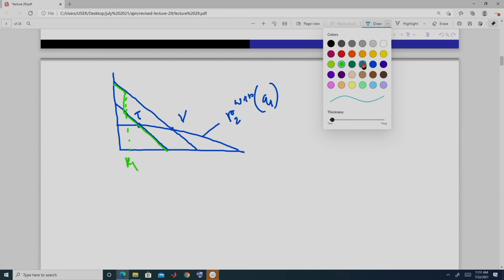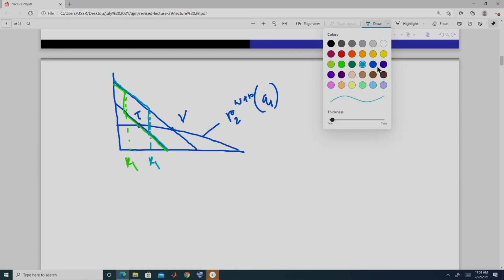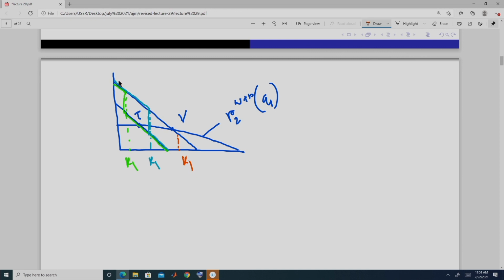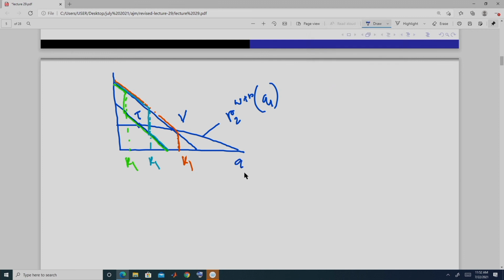We may have a situation like this: if this is K1, then this light blue line is the reaction function of firm 1, and if this is K1, then the red line is the reaction function of firm 1. The reaction functions are of this nature, and we will now see what is the outcome in stage 2.